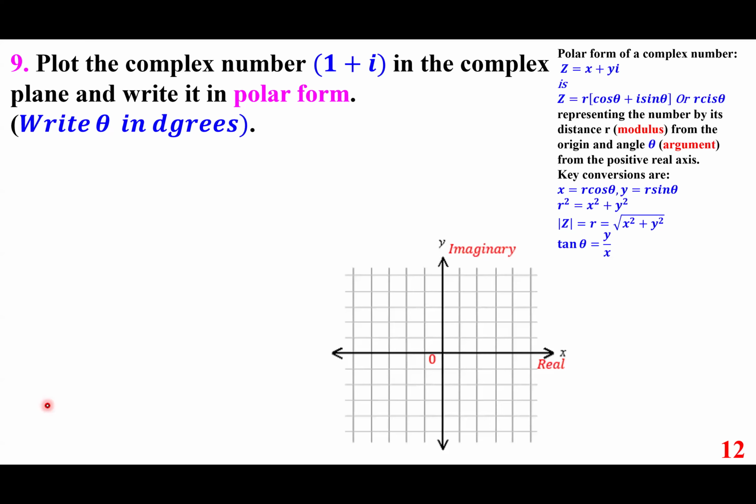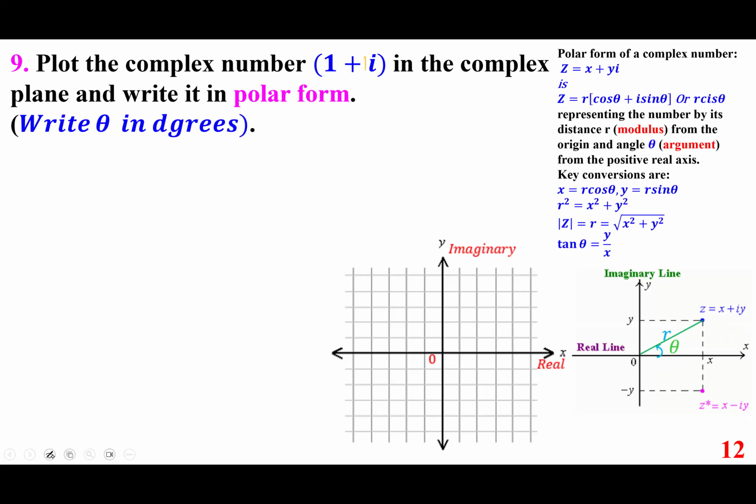And so, this is 1 and this is 1i. Please understand, when we say i, this is 1 times i. So x is 1, and so is y. If you want to plot a point in general, this is the distance r, or the modulus, or the magnitude.